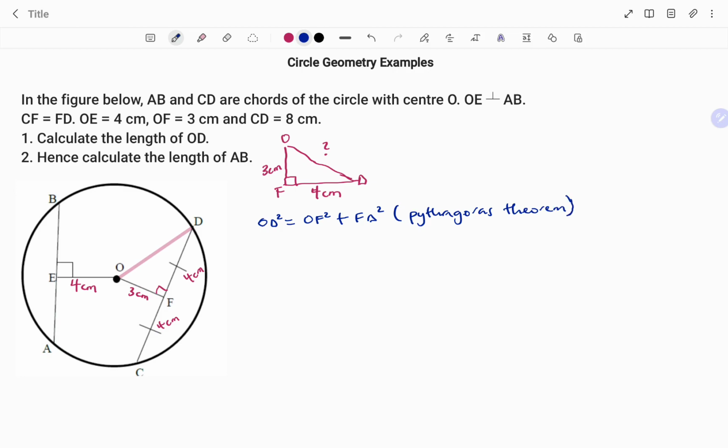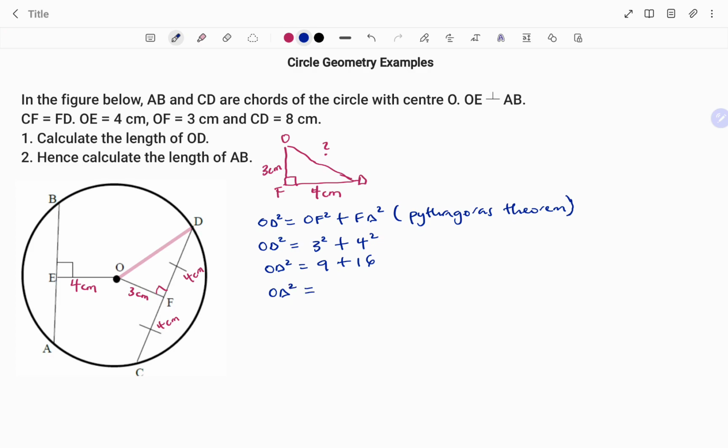Inserting the parameters, we have OD squared, which is the unknown, equals OF squared, that's 3 squared, plus FD squared, 4 squared. OD squared equals 3 squared, 3 times 3, that's 9, plus 4 squared, that's 4 times 4, 16.